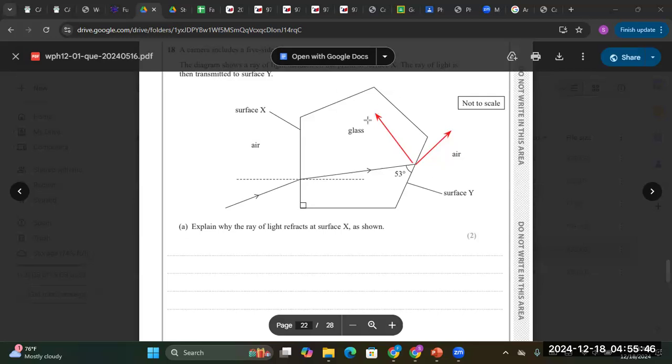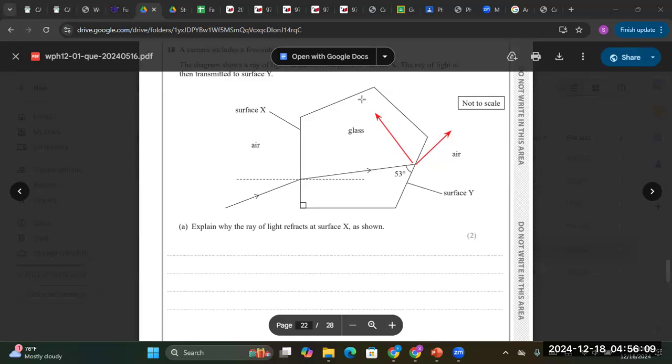What is this principle called? You remember when the light goes from more dense to less dense and it does not refract, instead it reflects. Total internal reflection.